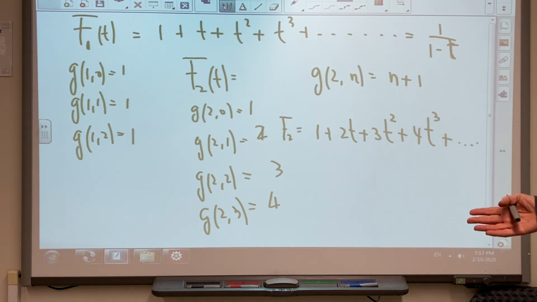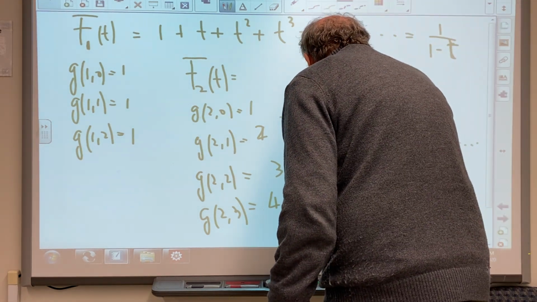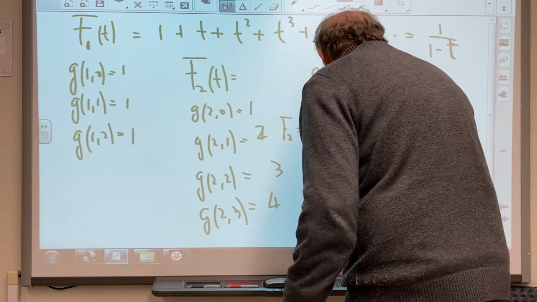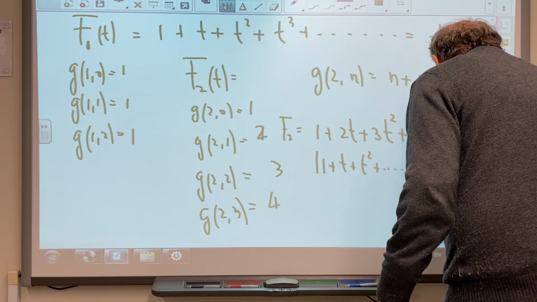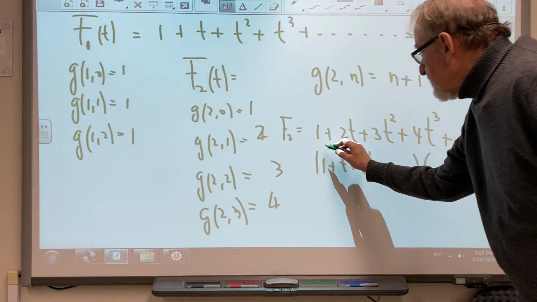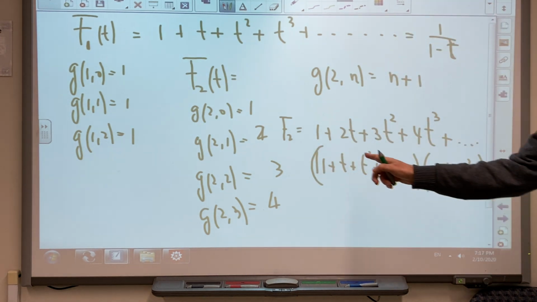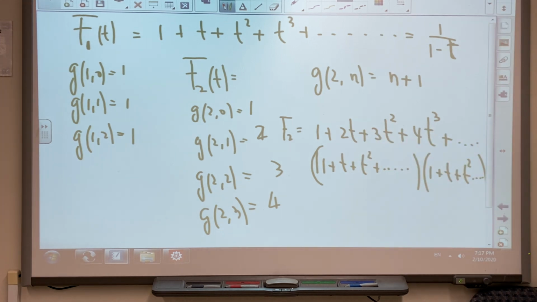But actually, even if you don't want to do this, you can just realize that if you write 1 plus t plus t squared plus and so on, and you multiply that by the same, and you open these two things, you just get that. Because you get the term 1, you get 1 times t plus t times 1, so you get 2t.